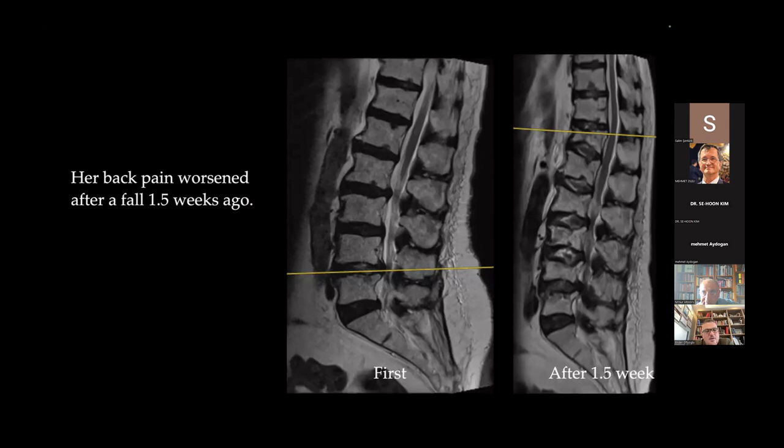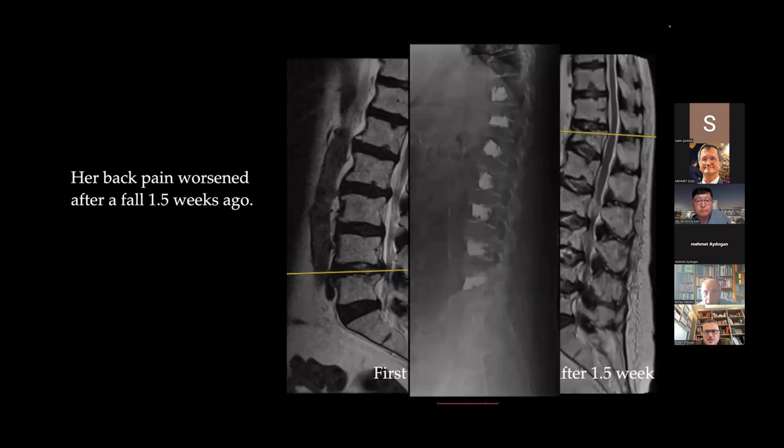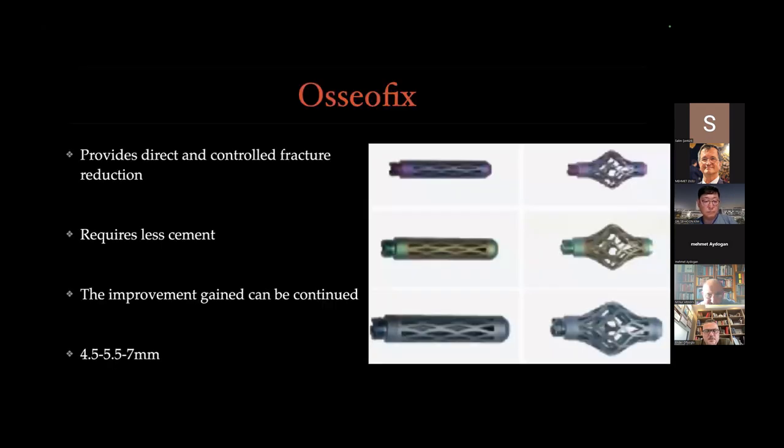And 1.5 weeks after, the pain worsened after a fall. You can see the changes of the vertebra. It's like a crush. We performed multi-level vertebroplasty, and she's okay. Before the surgery, she was bedridden, not walking.